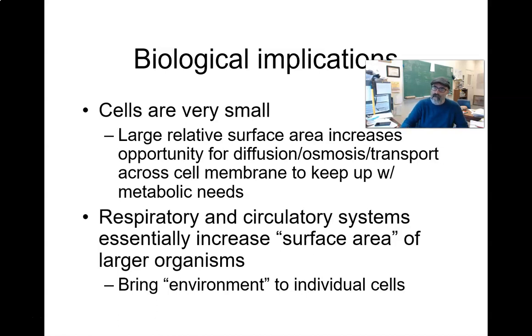The red blood cells have an affinity for oxygen, and then they carry it to the individual cell. So we bring the environment. That's what a circulatory system, respiratory system does, it brings the outside to the individual cell, okay? You don't need that if you're tiny, because you can just simply do that with your skin, okay?